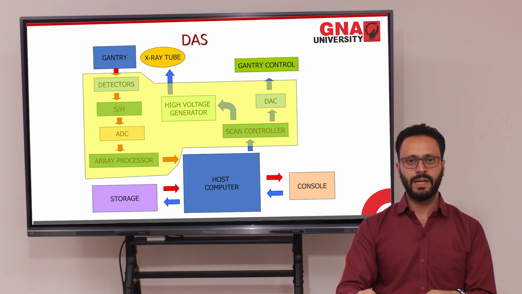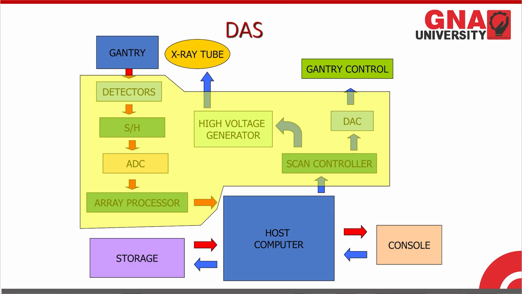So here is a flow diagram that is showing different components of the imaging system, including the host computer as well as console. The host computer here will act as a center point, and it will be interacting with all the other components. First, from the host computer, the signal goes to the scan controller.